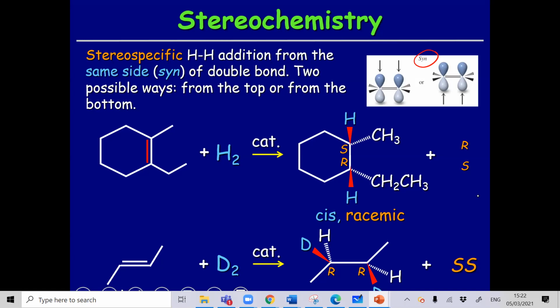Especially deuterium and hydrogen, where you have double the mass. So even the physical properties will have some slight differences. And here you have a conformation, so you change it and you see through the single bond created.